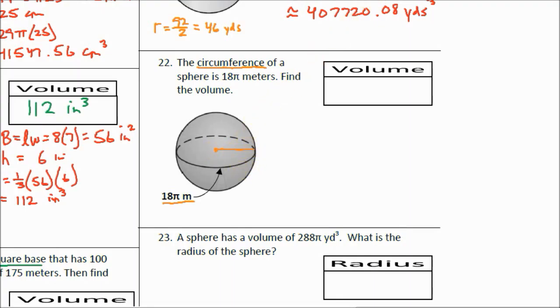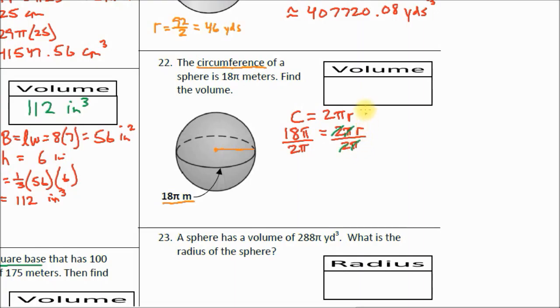And that is not that difficult to do because we know that the circumference of a circle is 2 pi r. And since they gave us the circumference as 18 pi, all we have to do is solve for r. To get r by itself, we can divide the right side by 2 pi, divide the left side by 2 pi. 2 over 2 is 1, so that cancels.